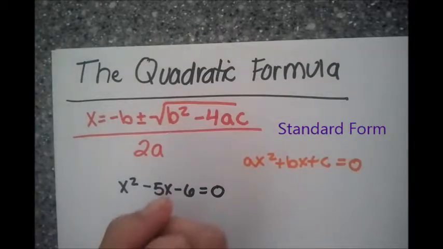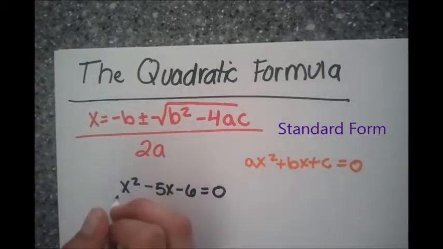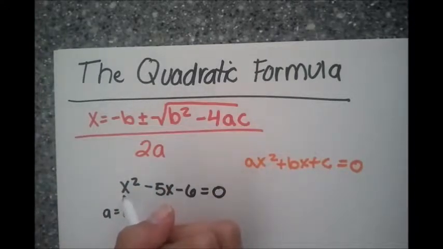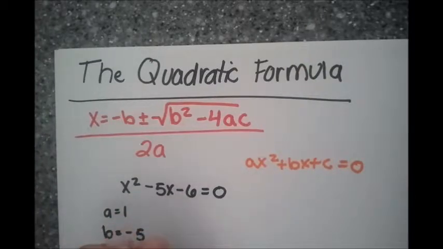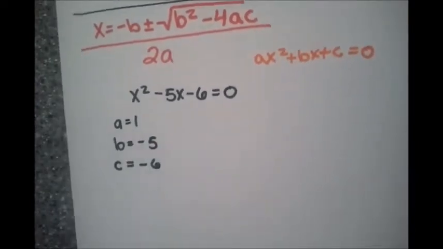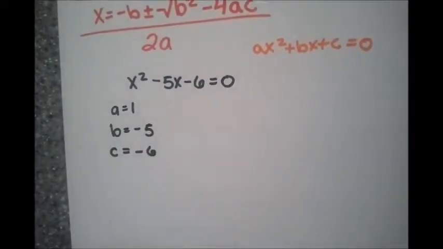In this equation, a is 1, because you just imagine there's a 1 in front of the x. b equals negative 5, and c equals negative 6. See that? Then from there, you just plug in the numbers.